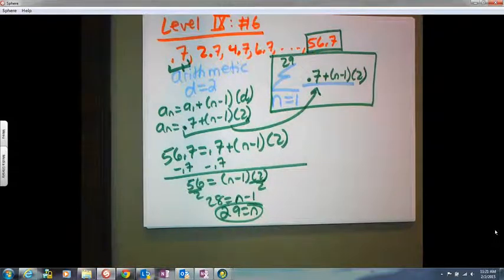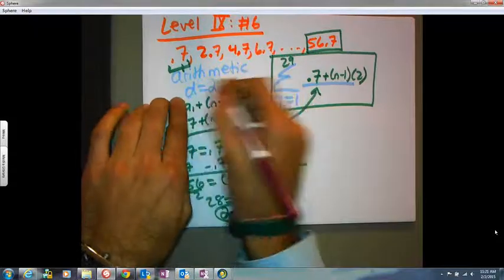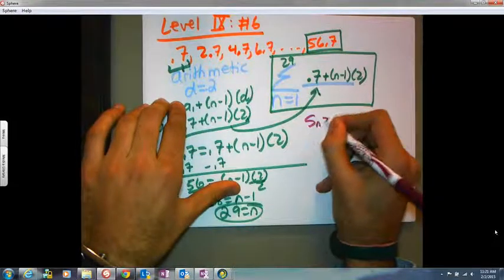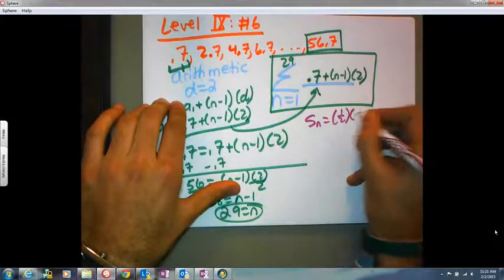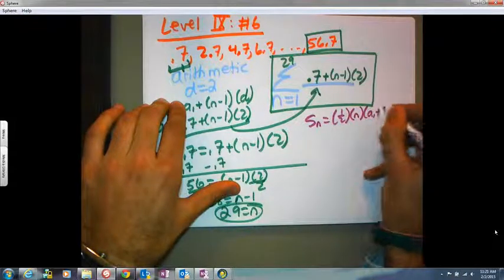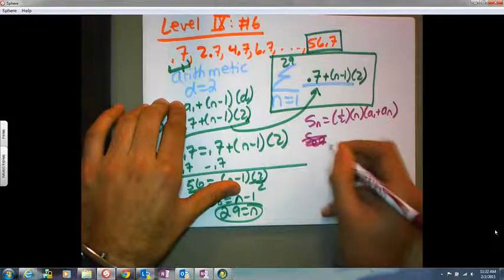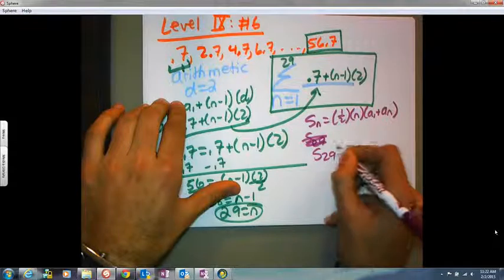So let's go ahead and do that. Because I know this is this kind of sequence, I identified that early. I know this formula is applicable. I know I am finding this partial sum, because that's the number of terms I am adding.